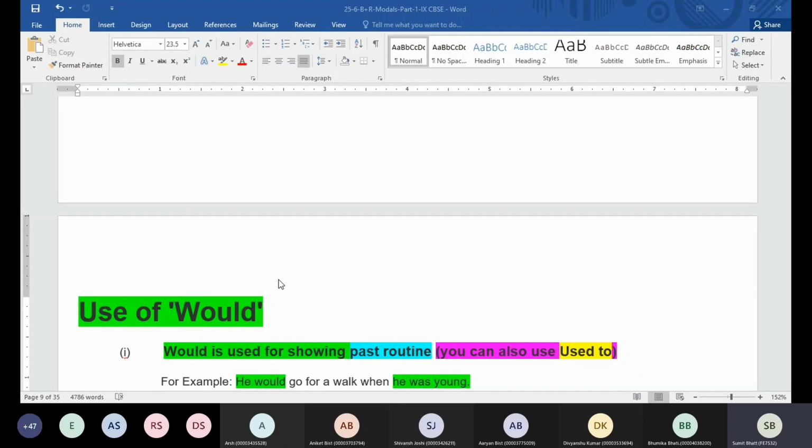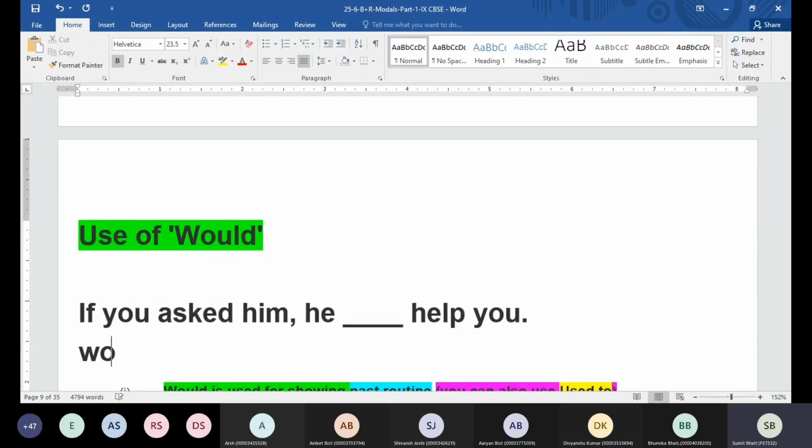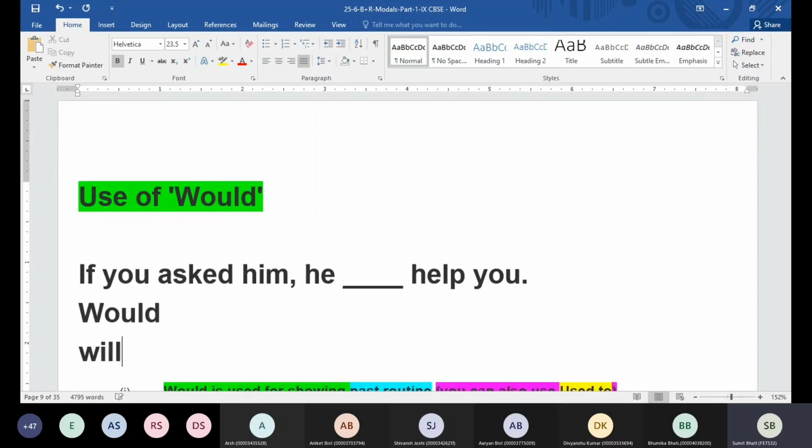If you have a sentence belonging to past tense, we don't use will there. Which word are we going to use? Would. For example, if you have a sentence, if you asked him, he dash help you. Now we have would and we have will, so what will you use here?